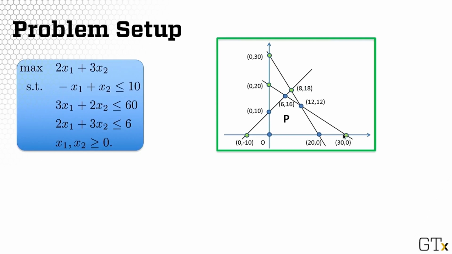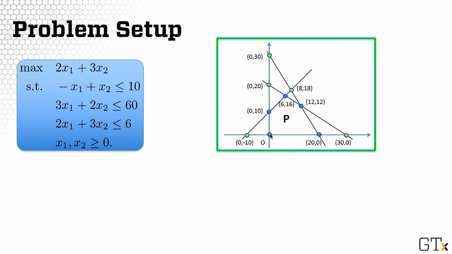There are 3 inequalities here plus 2 non-negativity constraints, so in total there are 5 inequalities. If you look at the signs of the inequalities correctly, then the feasible region of this LP is this P here. So that is the feasible region of the LP in the original form.